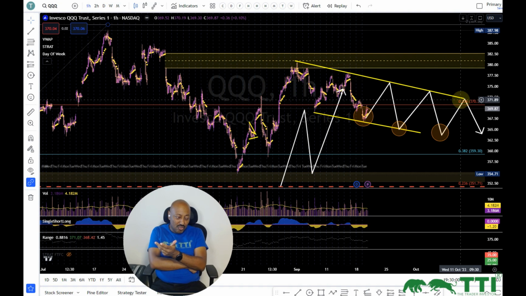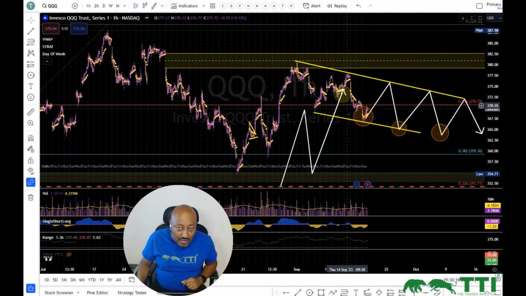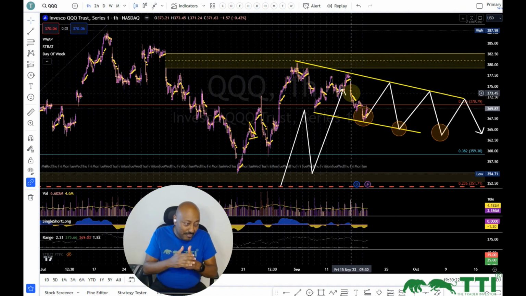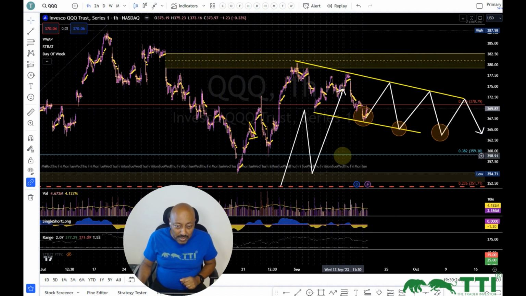Not giving myself wiggle room is going to hurt me. So instead of making my stop extremely tight to where it doesn't make sense, I just decrease my position size. And now as price moves in my favor, I can really tighten the stop because I don't want to be on a losing position.